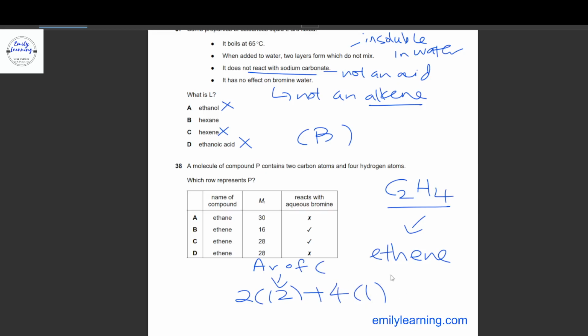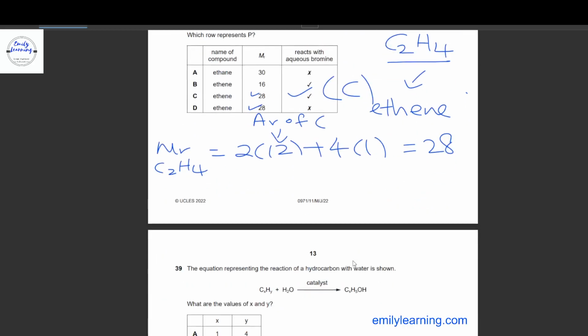The relative atomic mass of each hydrogen is 1. So total is 28. So the Mr of C2H4 is equal to 28. So it's either C or D. And because it is ethene, an alkene, alkene reacts with aqueous bromine. So the answer is C. So for 38, the answer is C.